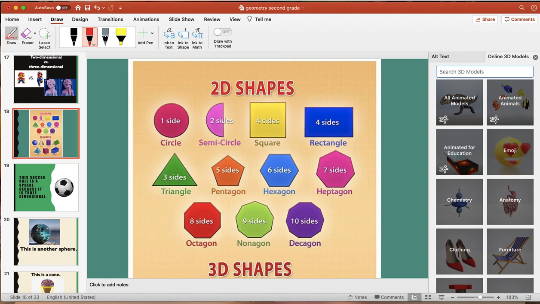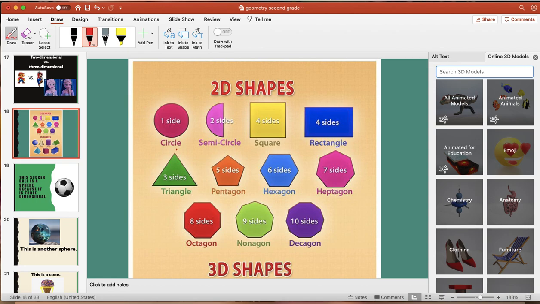A semicircle has one side over here, the straight line, and then this side is our curved side. Our square has four equal sides. Our rectangle has four sides, two long, two short.